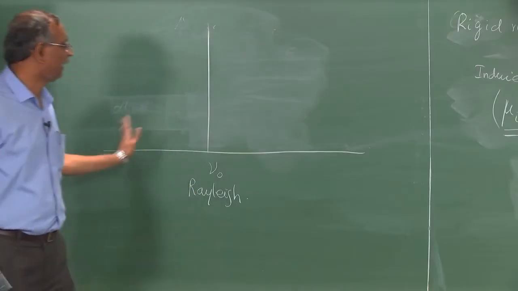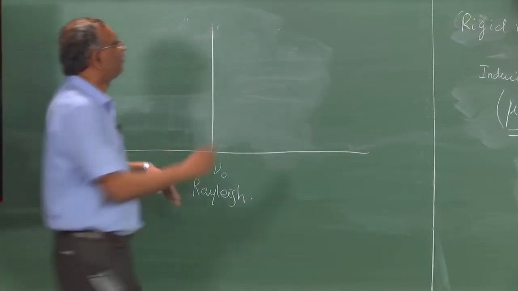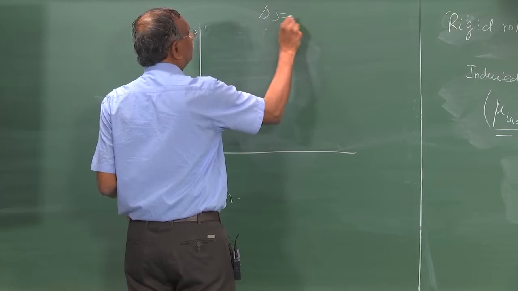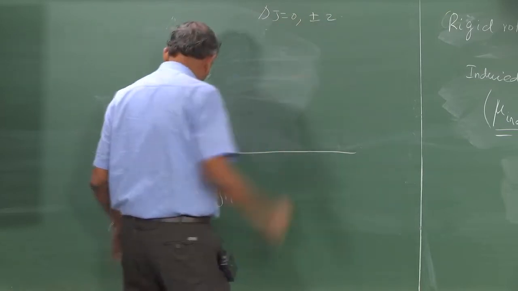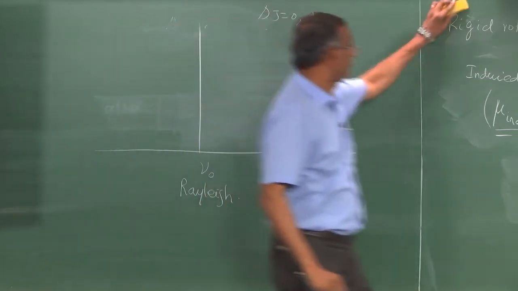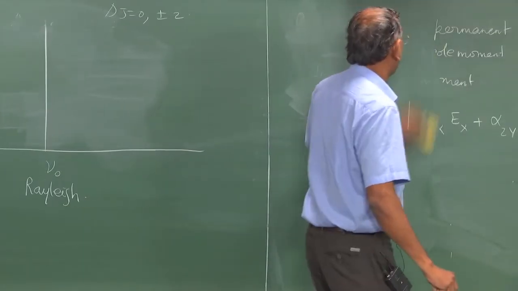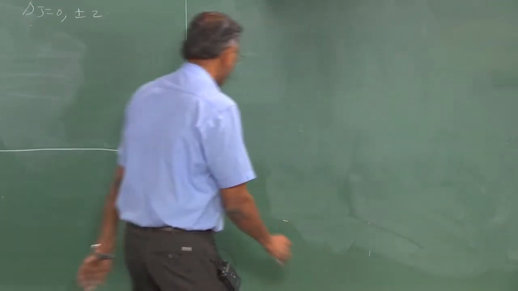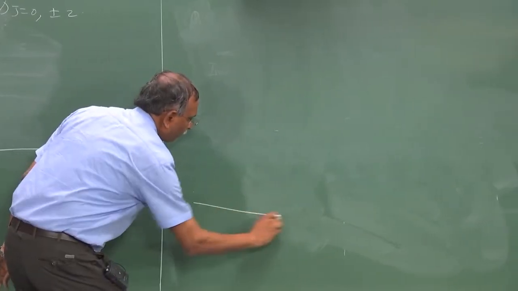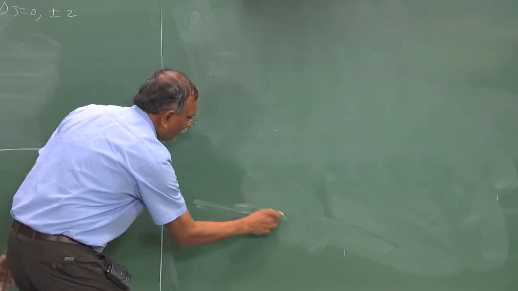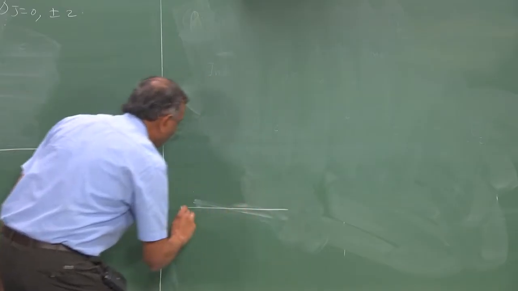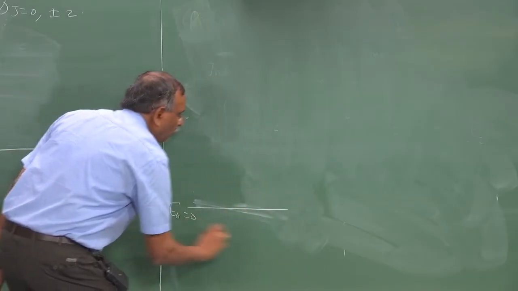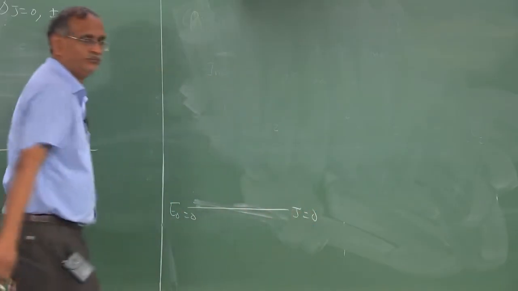Now on either side we have delta J is equal to 0 or plus minus 2. So which side is which? Let's write down the energy levels. For a simple diatomic molecule, we have the energy levels: E0, which is 0 because J is 0.